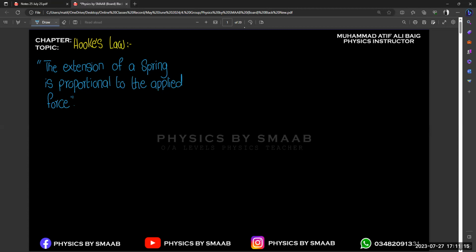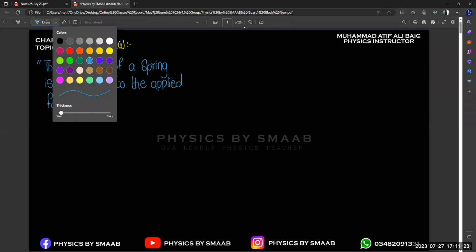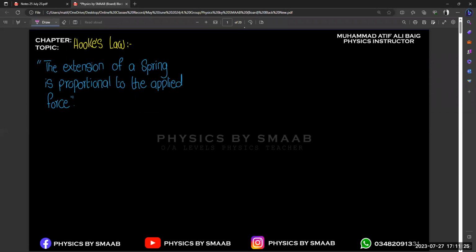Okay, so actually, Hooke's law is very simple, and it is directly related to the force. And it is a very common example. Let's suppose we consider a spring, and this is the original shape of the spring, and we fix this point of the spring on the left, and we try to apply force from the right hand side.